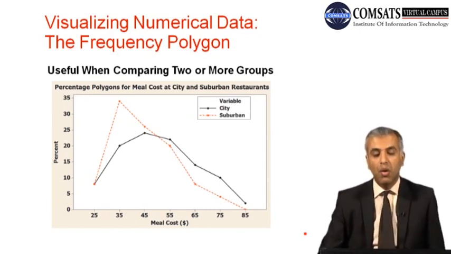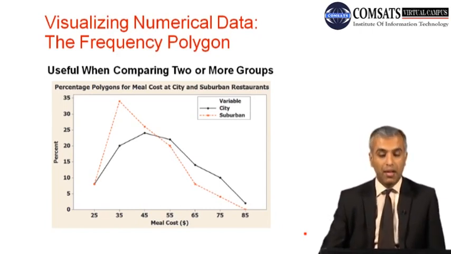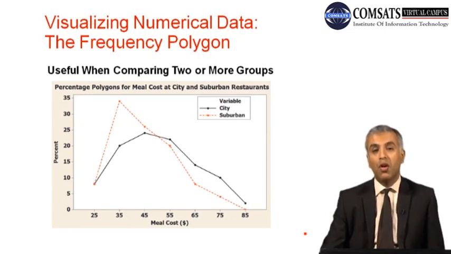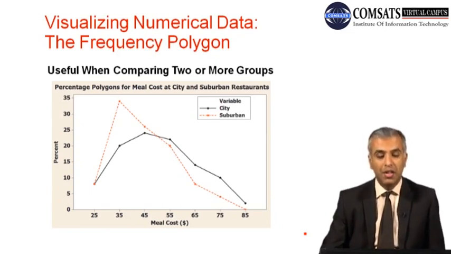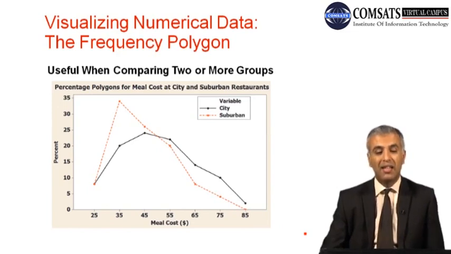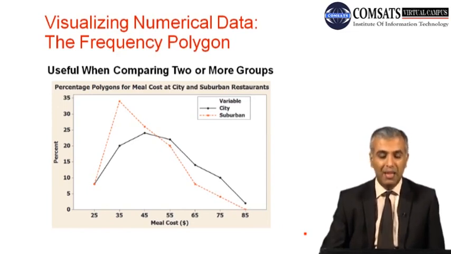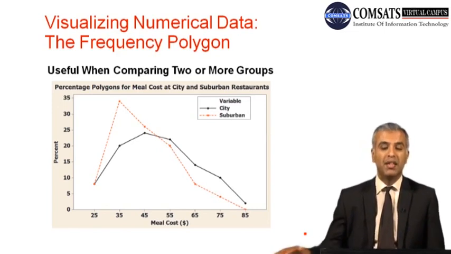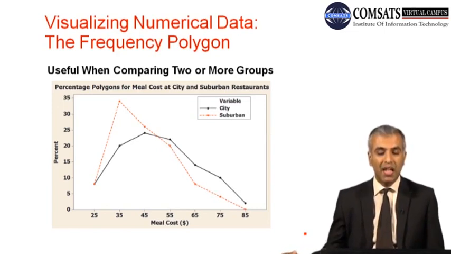Both kinds of data's midpoints have been plotted and then interconnected, so that the overall situation and the trend of the data for both the variables can be effectively compared. That's why it's called a frequency polygon.